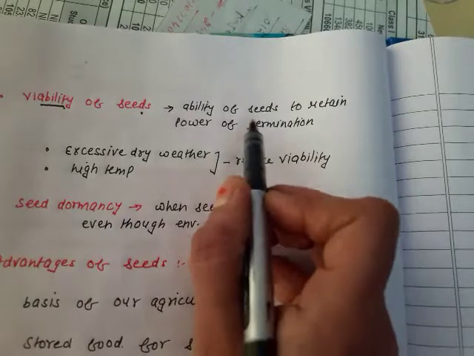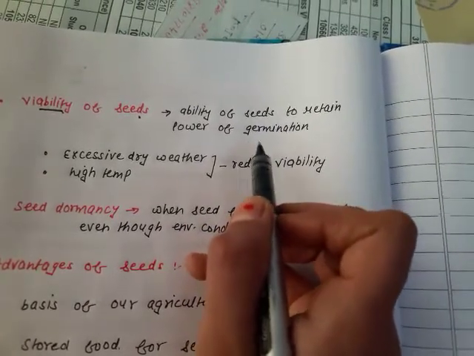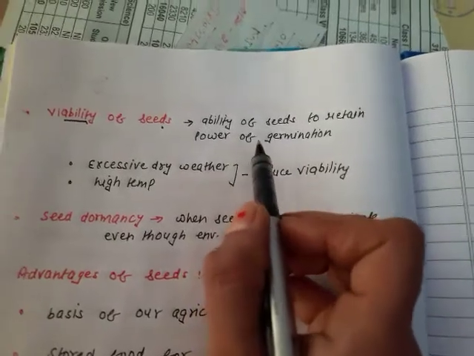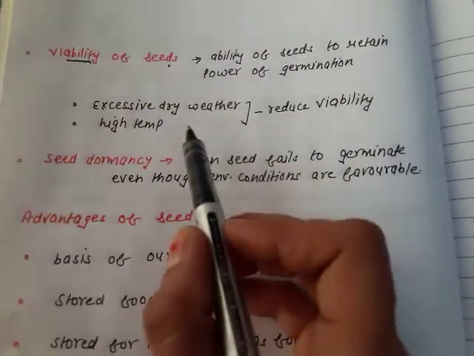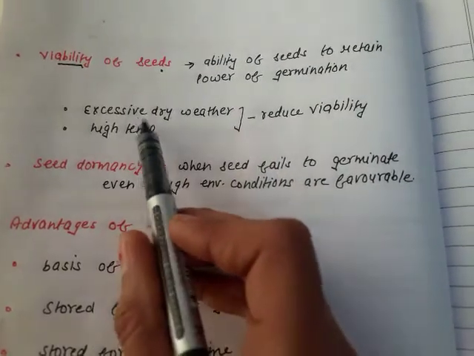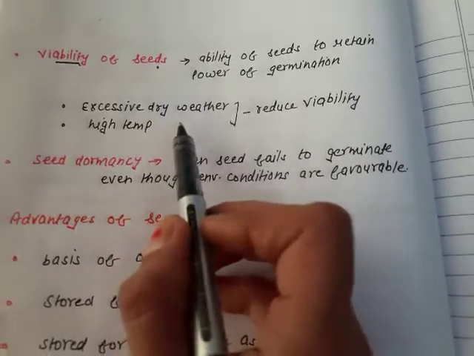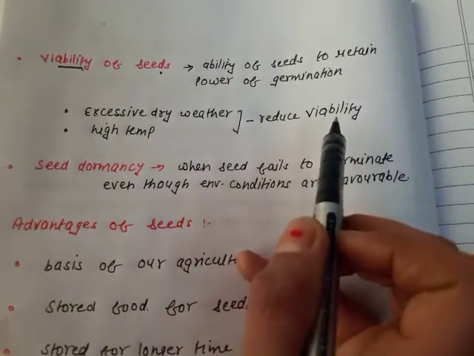Seed viability varies from a few days to years. There are two factors which affect the viability of the seeds, that is excessive dry weather and high temperature. Both of these factors reduce the viability of seeds.